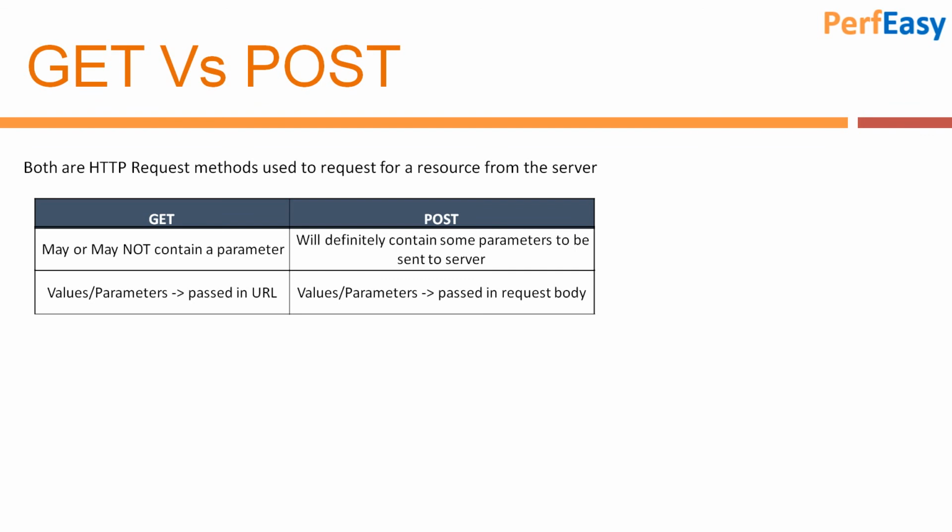Like we spoke about in part one, where we were talking about the URL structure, on the right side of the question mark, everything that is present is a query string. So values or parameters that are passed in case of get will go as part of the URL. A get may not have a value, but if there is a value, it will be part of the URL itself.